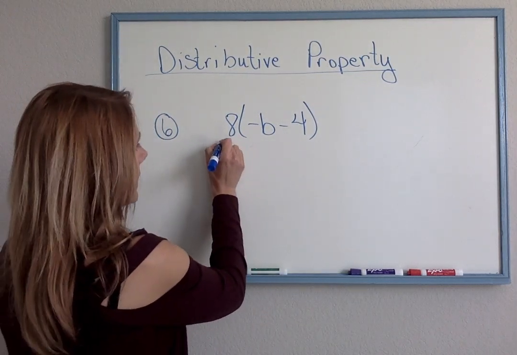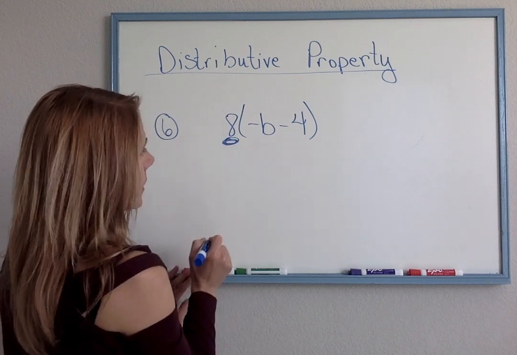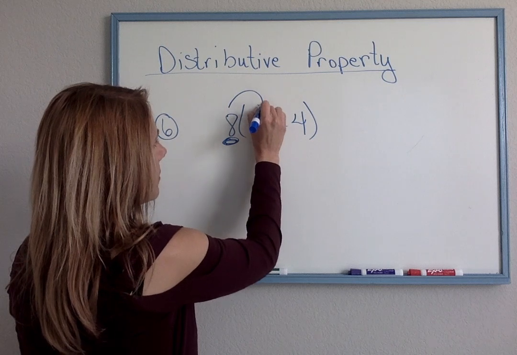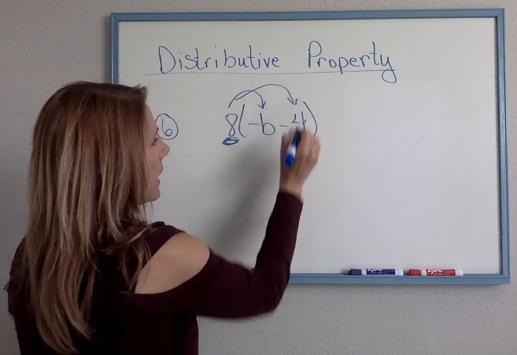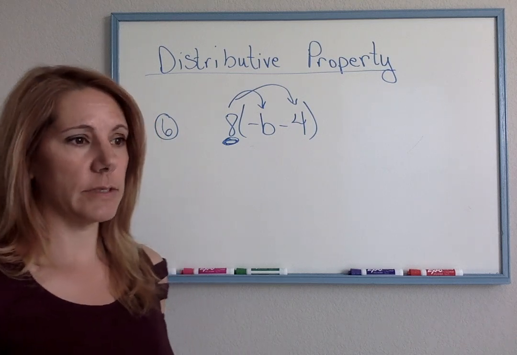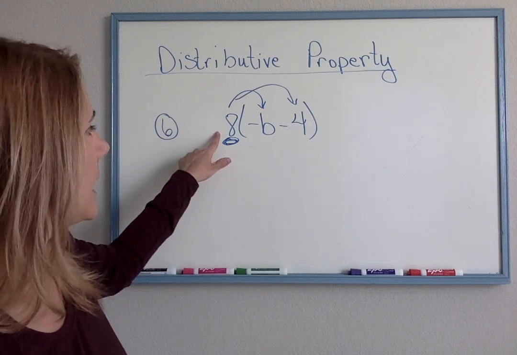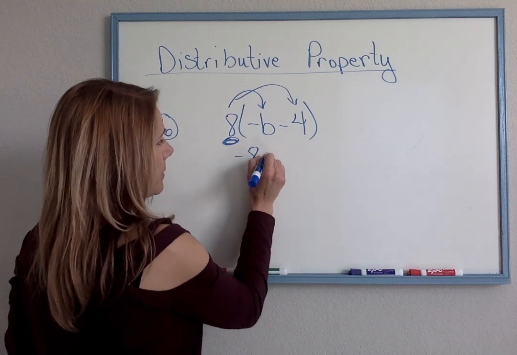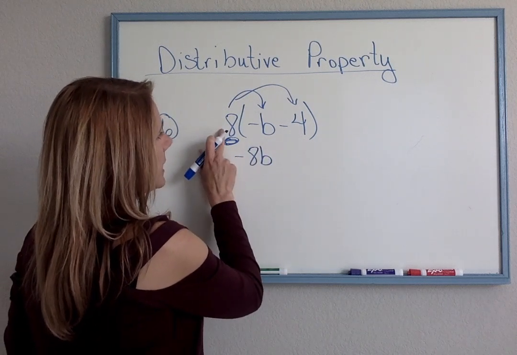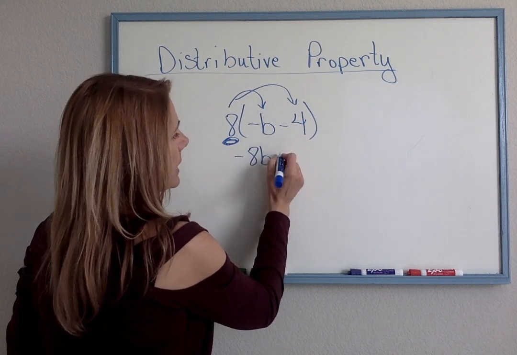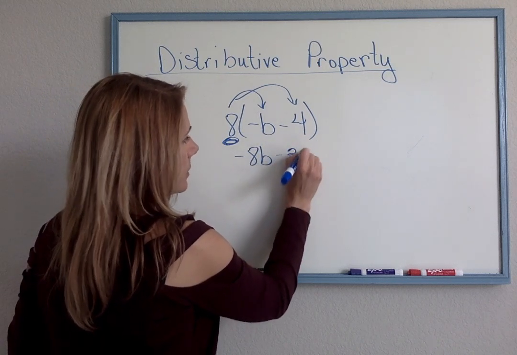We've got the 8 on the outside here, okay? And what I need to do is multiply it by each thing on the inside. So when I talked about using those rainbows, that's what I was doing. I was taking 8 times negative b, which would be negative 8b. And then I'm taking 8 times negative 4, and I get negative 32.